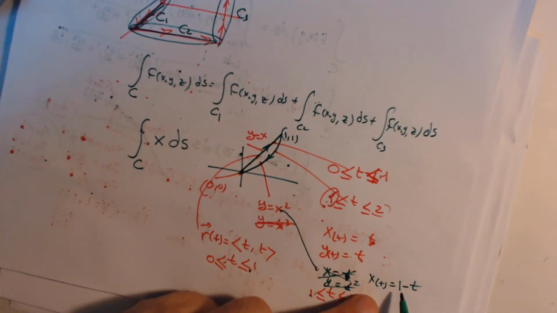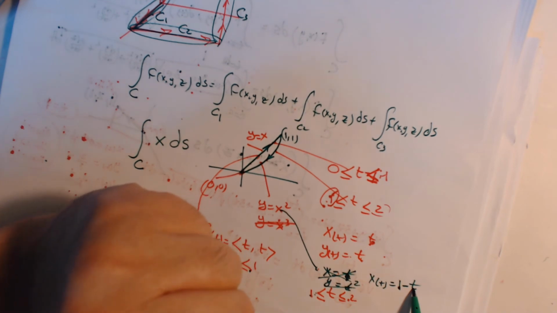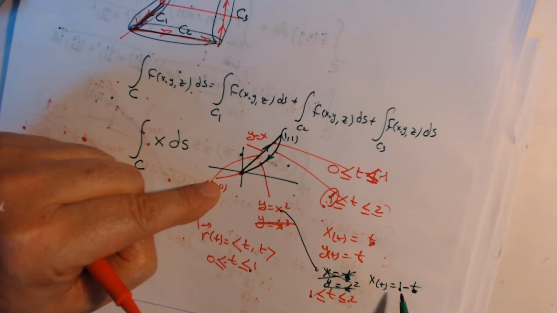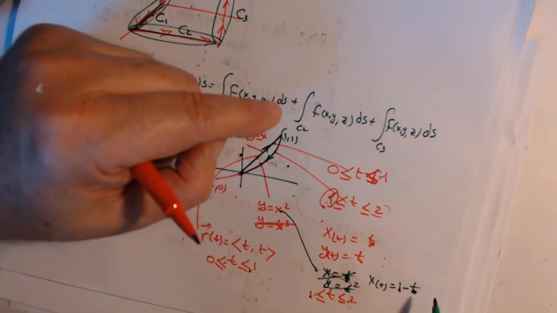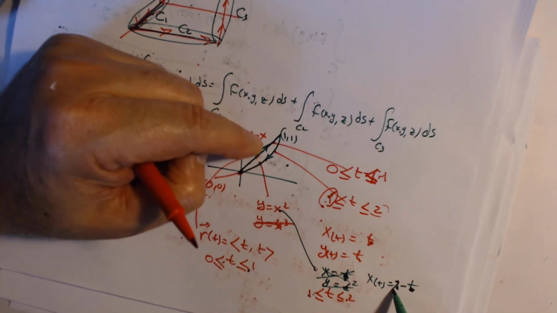When I put 1 here, I get 0, which I don't like, because it depends if I want to take this one. Let me put 2 minus t.